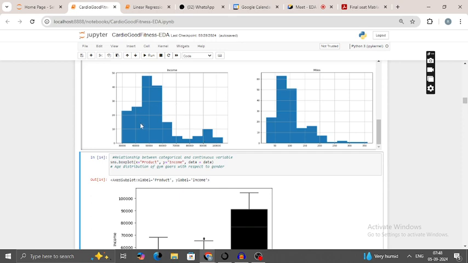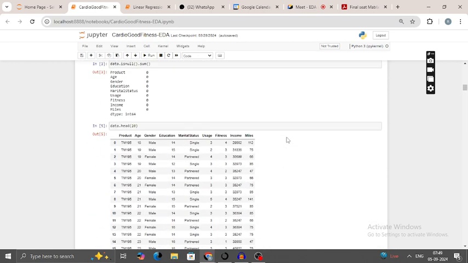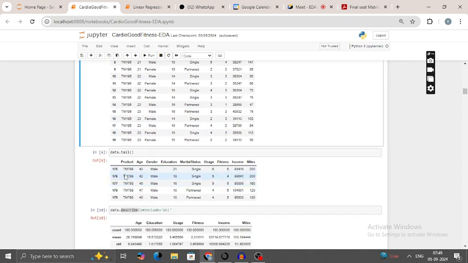Most of them are mid income, so they are the ones who actually want to maintain their health, right? Similarly miles, most of them 50 to 100 maximum. So with 50 to 100 miles, they are able to use this product TM195, whatever the product code is.